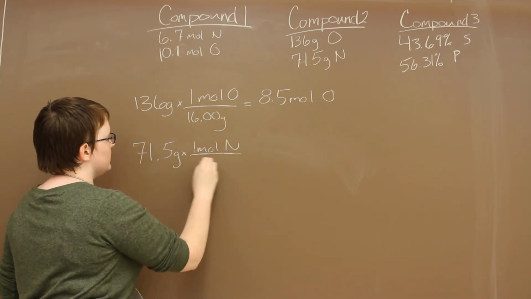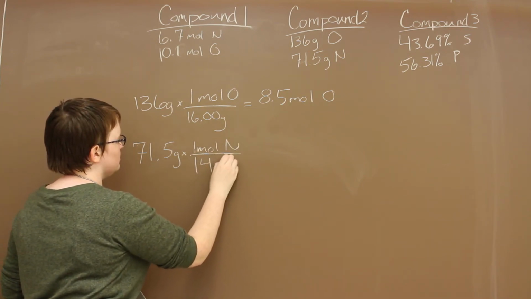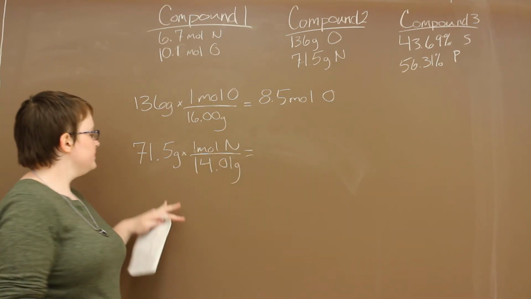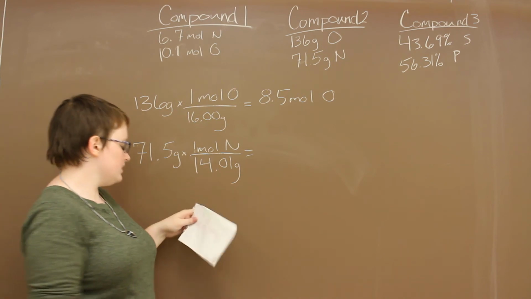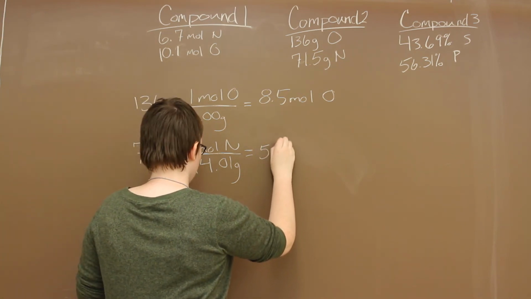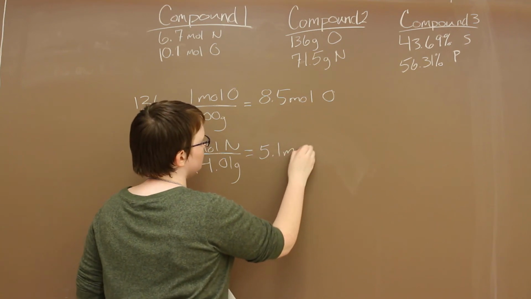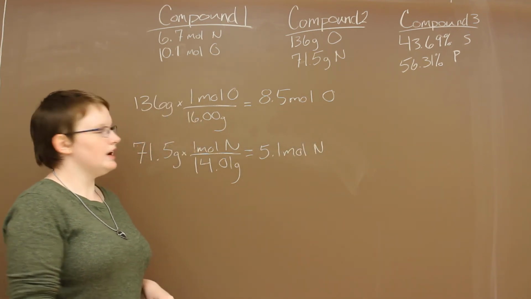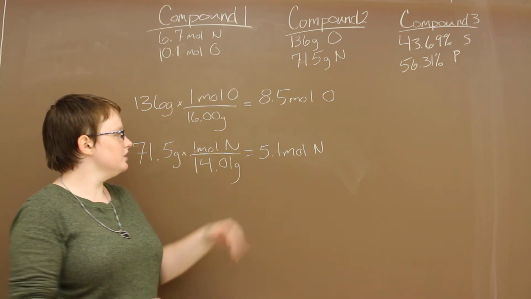The molar mass of nitrogen is 14.01 grams. So if we divide this by the molar mass, we end up with 5.1 moles of nitrogen. Now we're going to divide by the smallest number that we have here.